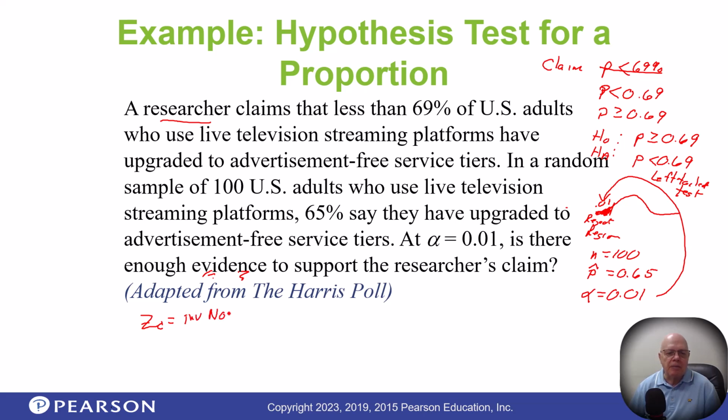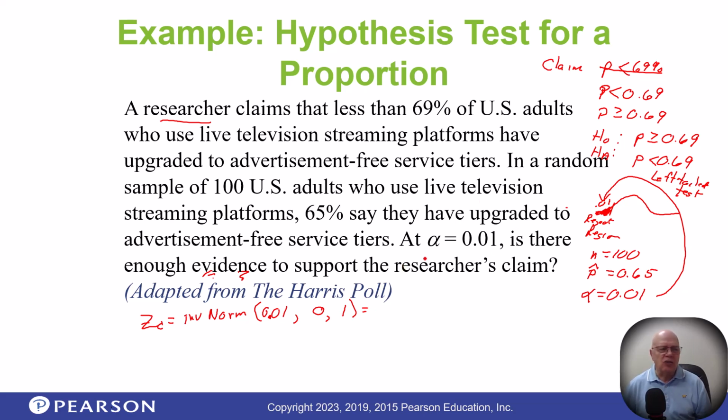So again, we're looking at Z sub C. We're going to use inverse normal. The area over here is only 0.01. Since we're talking about a Z value, automatically we have 0 for mean, 1 for standard deviation. And that's going to give us our critical value.